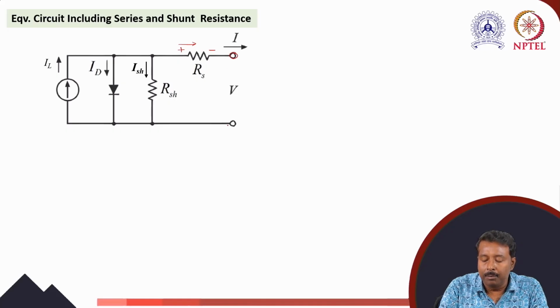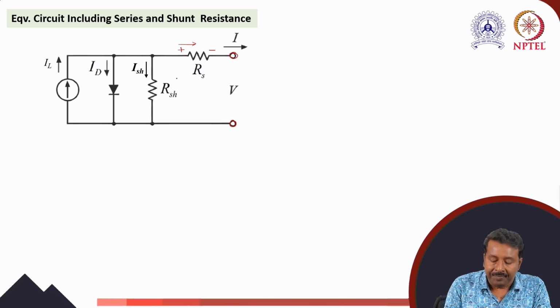And you see here the IL, that is the photocurrent, some is dark current, some is current through the shunt resistance. So we can write IL minus ID minus ISH. That is the net current.